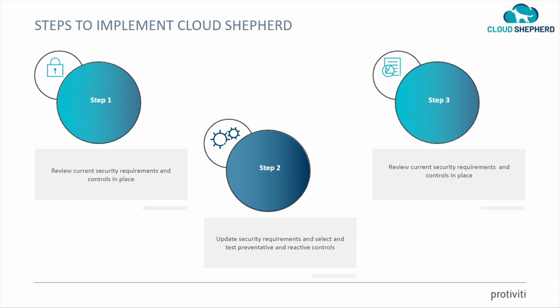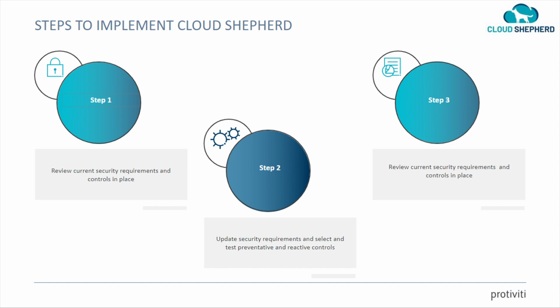A preventative control is a control that's put into place and intended to avoid an incident from occurring. A reactive control is designed to take corrective action on discovered mistakes. Policies in AWS Organizations enable us to apply additional management to the AWS accounts in your organization.